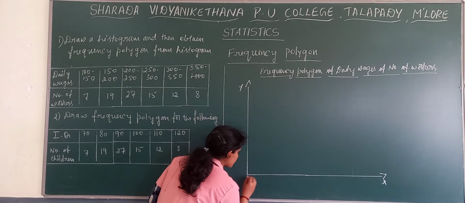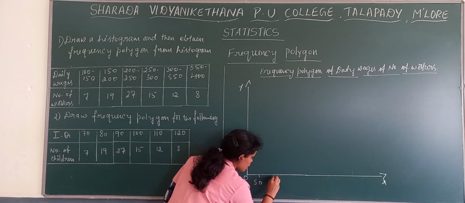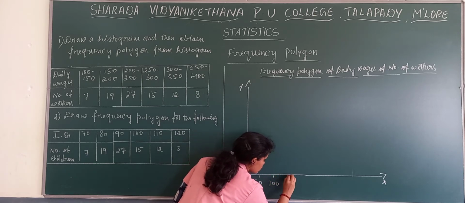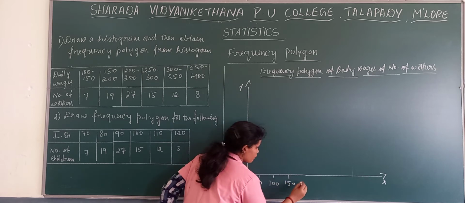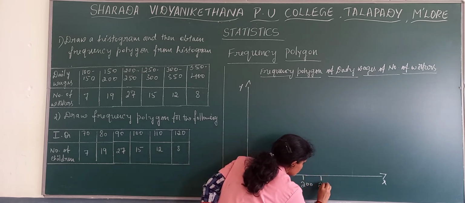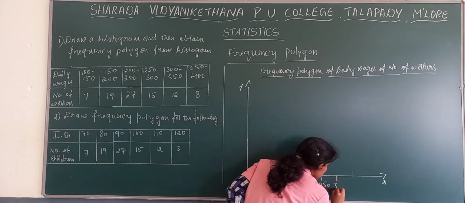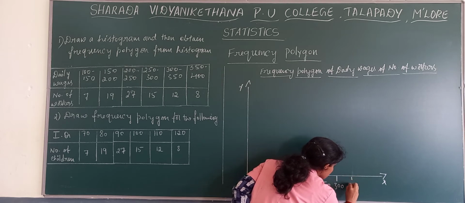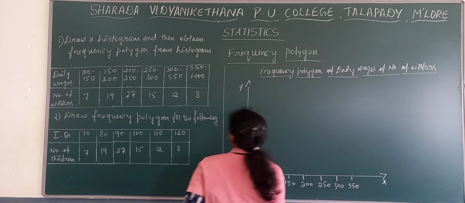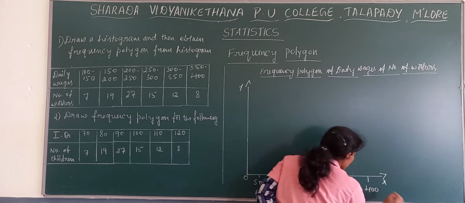So here firstly we will start with 50, then 100, 150, 200, 250, 300, 350, and then the last one, 400.